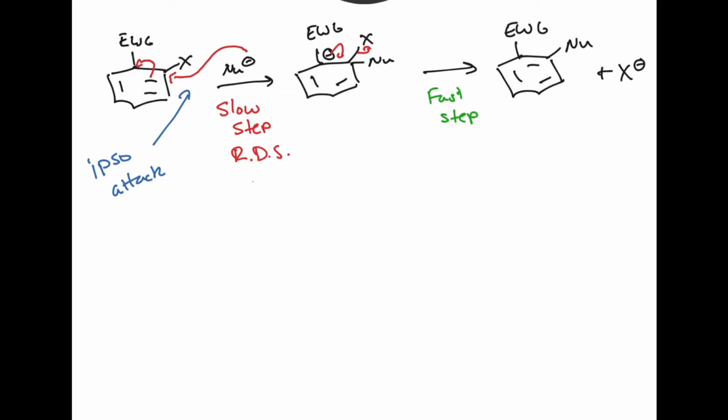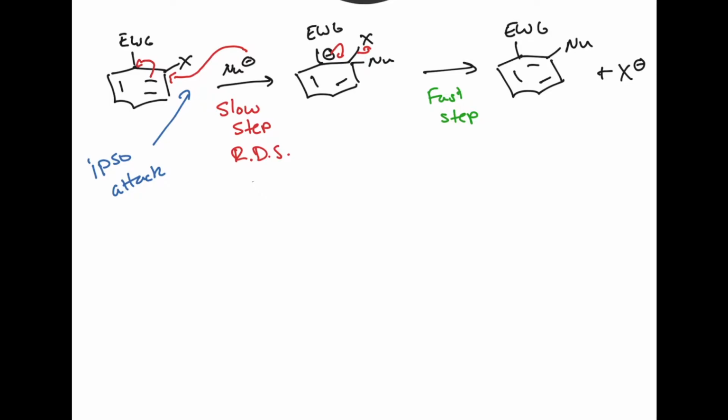All right. Now, we said that the first step being the slow step, anything we do that speeds up the first step is going to speed up the overall rate of the reaction, right? So anything we can do to make that first step go faster makes the whole reaction go faster.